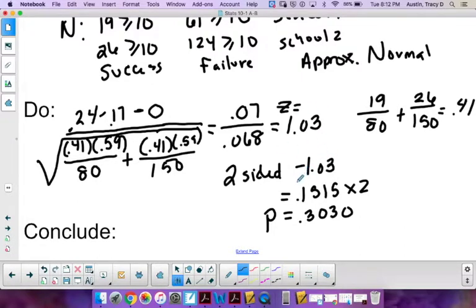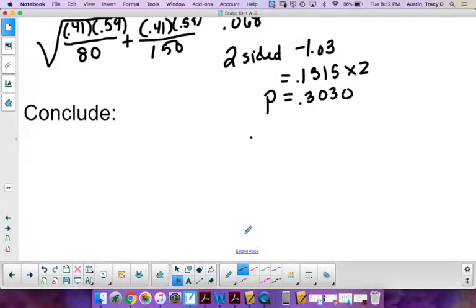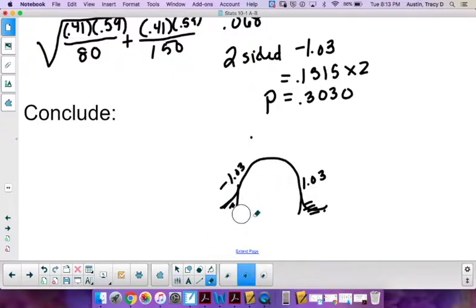That's the part that would be leaving off that little bit down here, because it would match whatever little bit was up here, the two-sided. This would give me the positive value. If I look that up, I could subtract that from 1 and get the same thing, but it's easier just to look up the negative version of it instead and double that, because that would be what you're leaving off, being that it's two-sided. And we did do that when we were working through those last chapter.